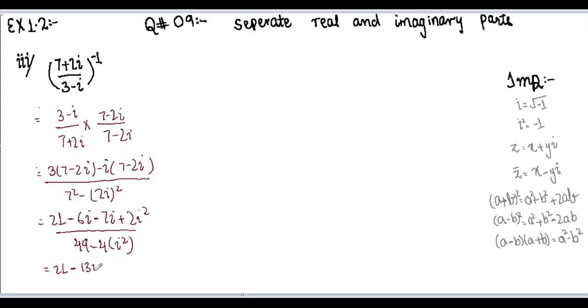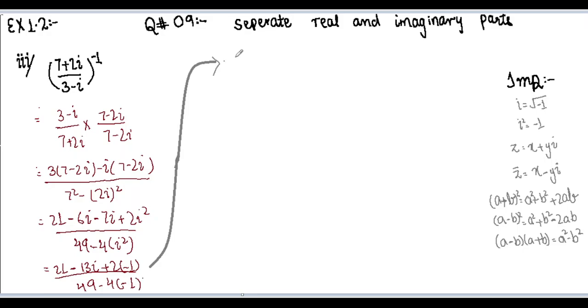So 21 minus 13 iota plus 2 into iota square, which gives us -1. So we write it over here, -1, divided by 49 minus 4 into iota square, which gives us -1. So we put it over here in our solution. It becomes -1.